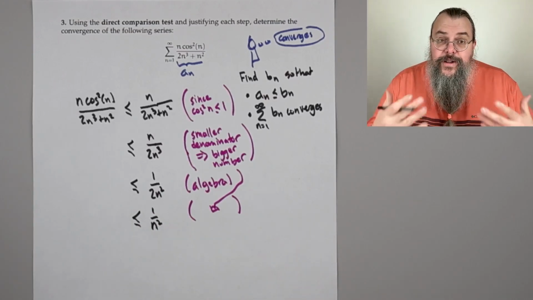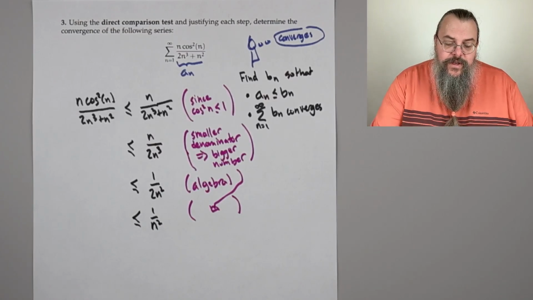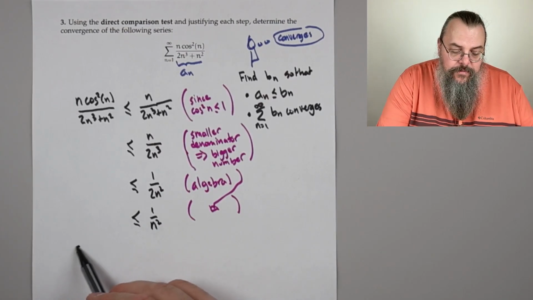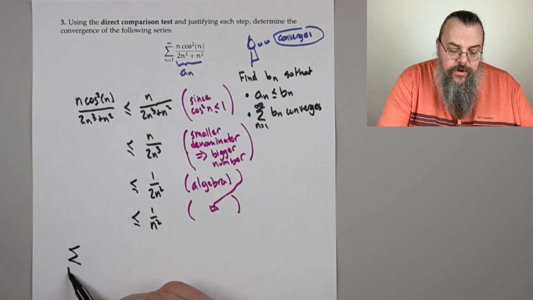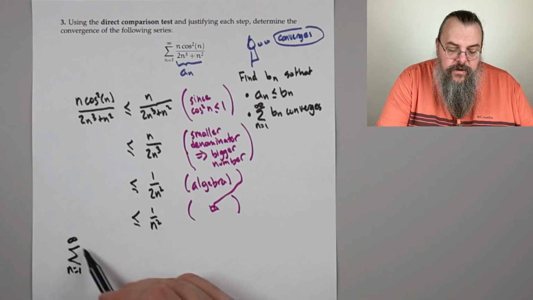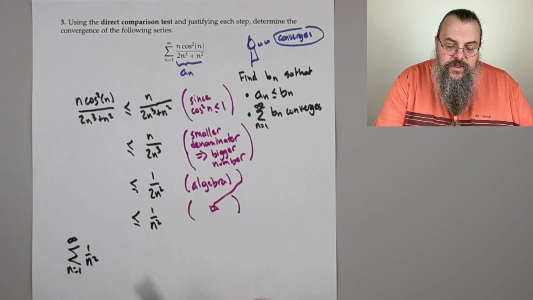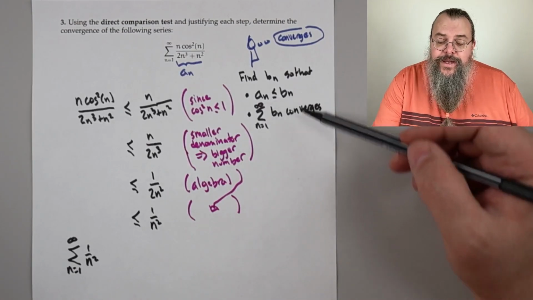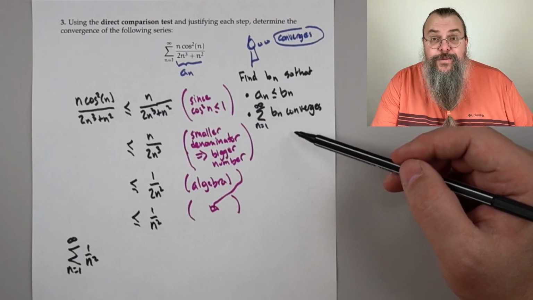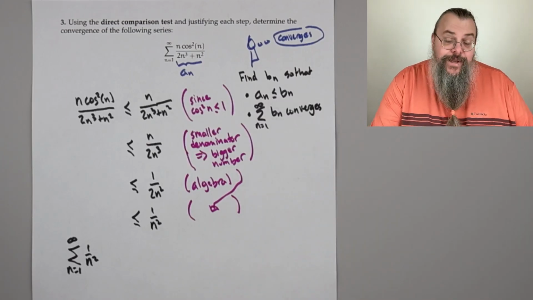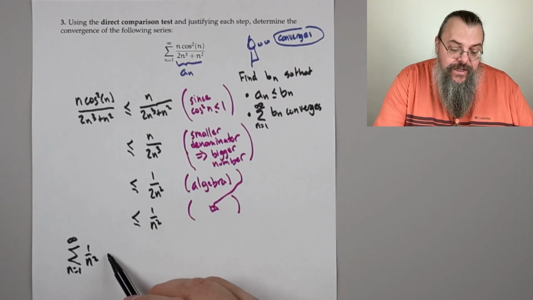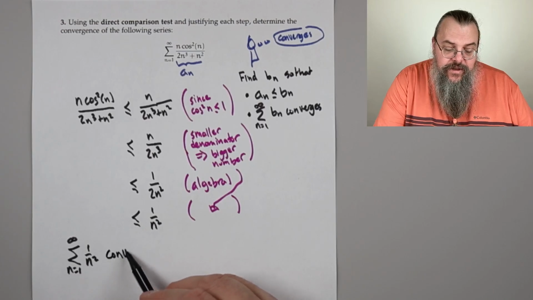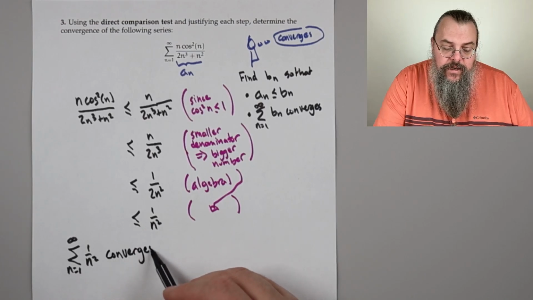And so our last thing to observe is, let's talk about the sum of 1 over n squared. Do we know that this converges? Because it's not just enough to bound term by term. We have to bound term by something which is nice. Does this converge? And the answer is yes. Why?